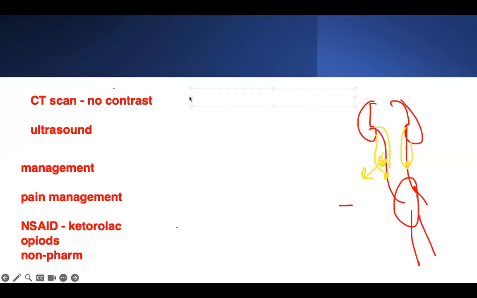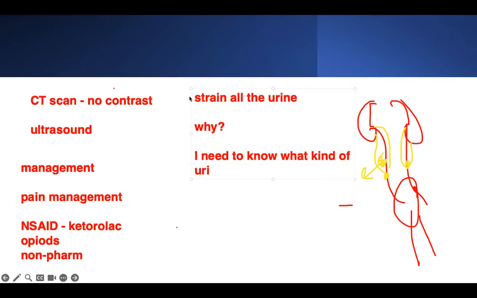Okay, so that's that. And then what do you do next? You need to strain all the urine. Why? Because I need to know what kind of stone you form. If it's calcium oxalate or calcium stone, then we can do analysis of it.